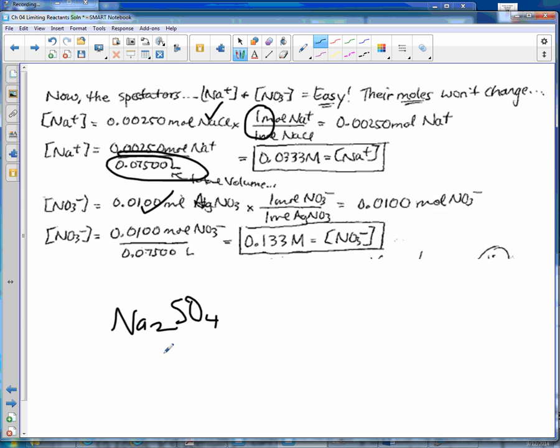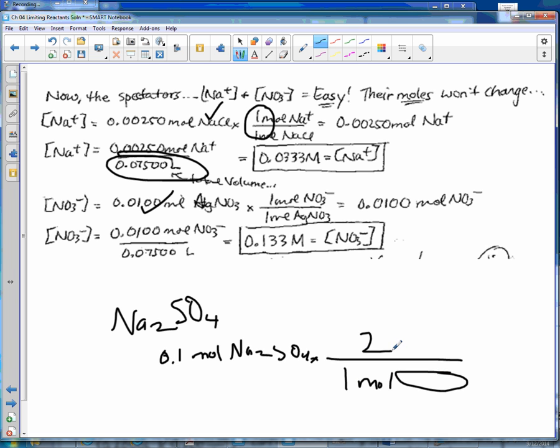If you had 0.1 moles of sodium sulfate, Na2SO4, that's really ugly, I apologize, but for every 1 mole of that whole compound, there would be 2 moles of sodium ions. Do you see how that would change the math a little bit? So you just have to be really aware of that step.